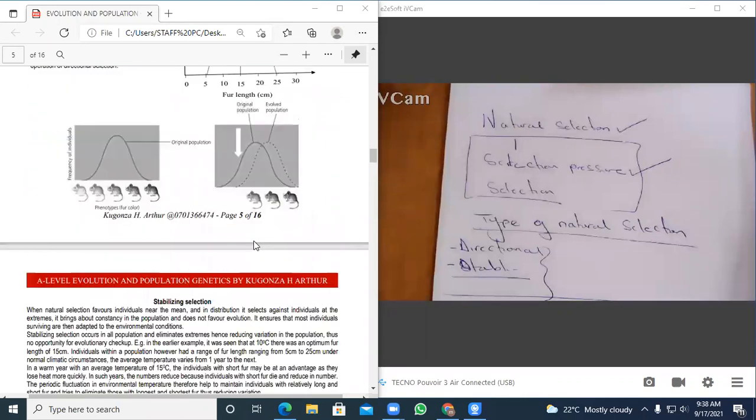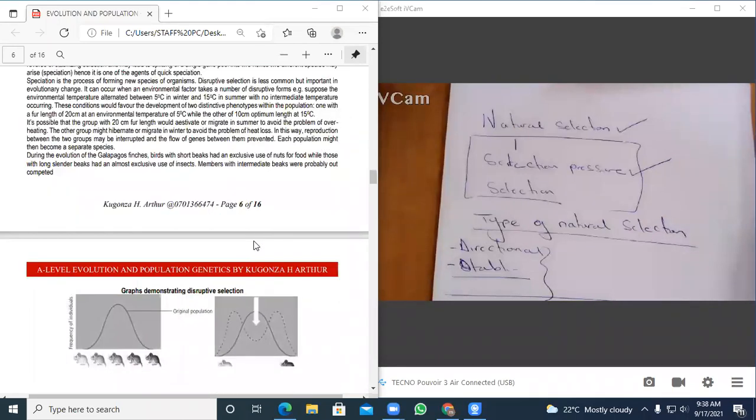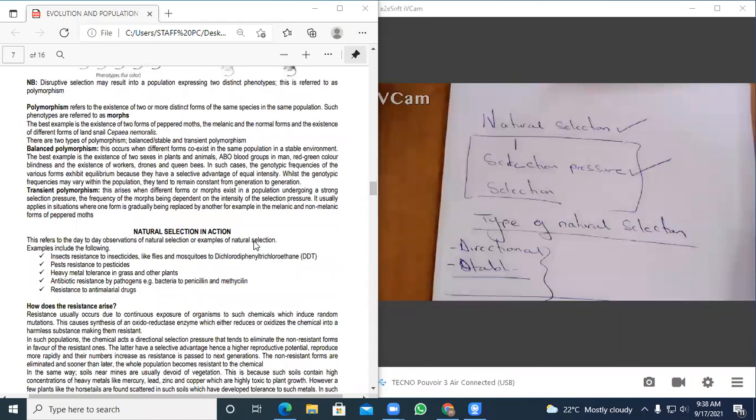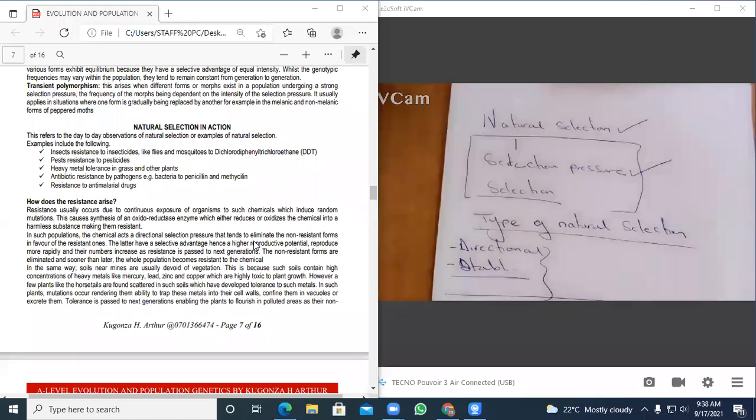Now, on continuation, after looking at types of natural selection and understanding them, we need to look at things which show natural selection in action.